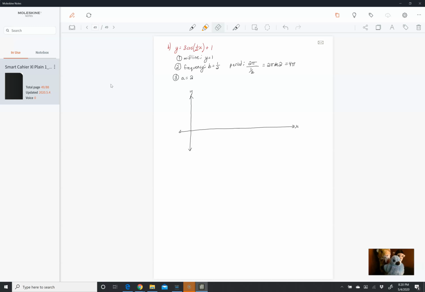Okay, and once again, we could start by drawing our midline. Our midline is at 1. I said our amplitude is 2. Our amplitude is 3. I apologize. Okay, our amplitude is 3. So our midline is at y equals 1.